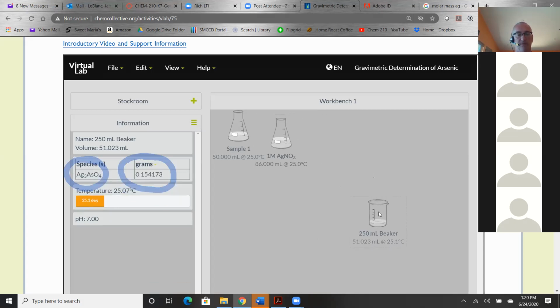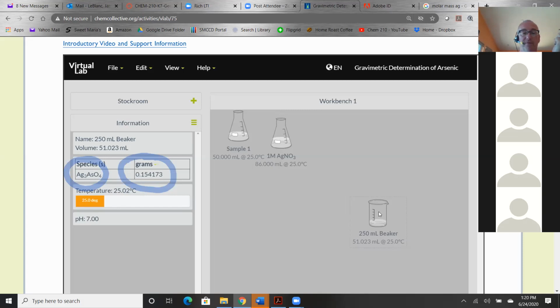And, oh, twice as much. That makes sense. Now we've got 0.154 grams. And basically you just keep doing that, adding a little bit, until the mass of the precipitate does not increase anymore.